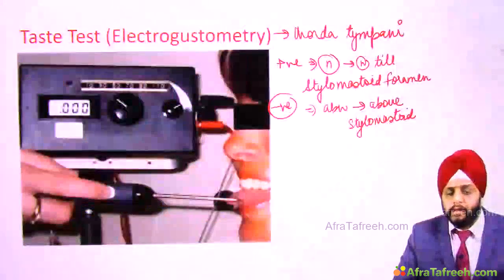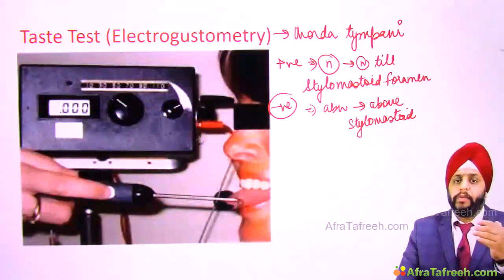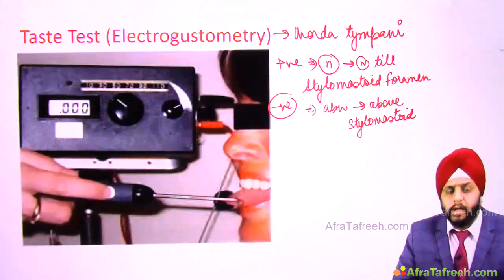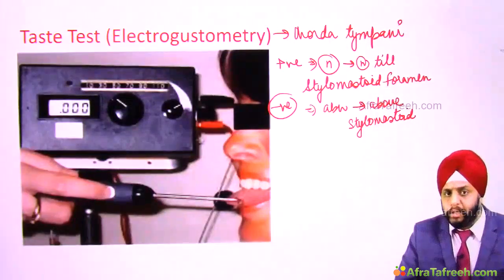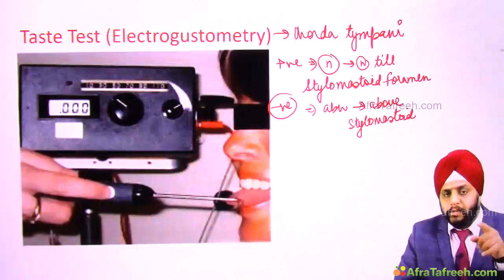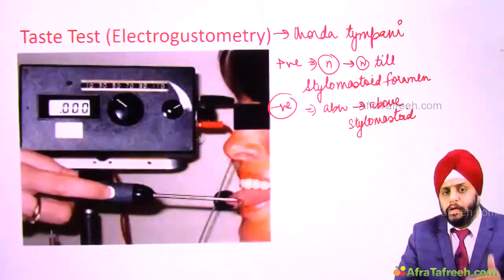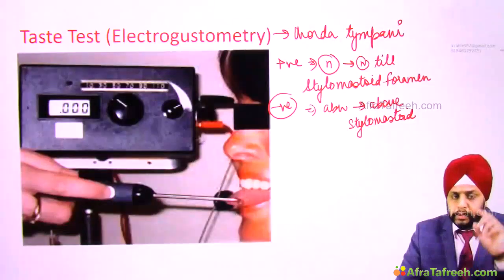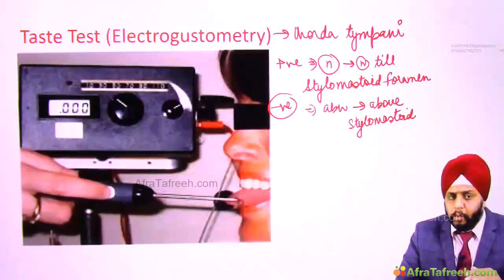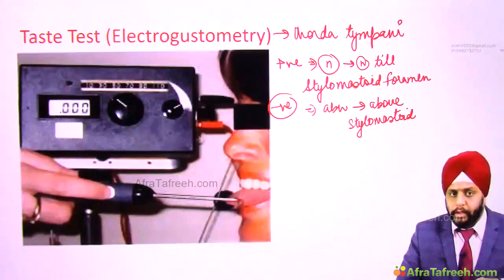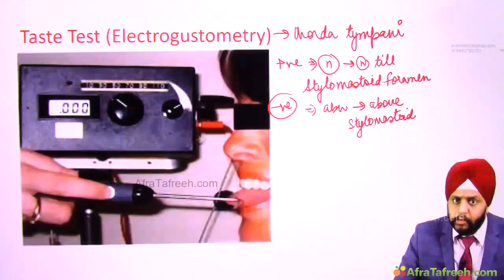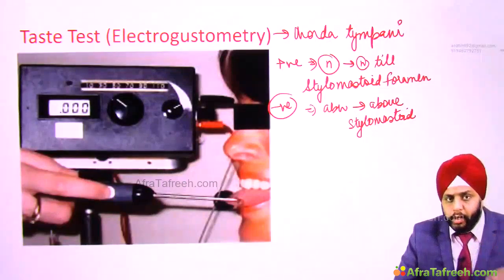Here the nerve is arising just before the stylomastoid foramen. So if there is an injury at the stylomastoid foramen, chorda tympani will not be damaged. If the taste is gone, that means injury to the facial nerve has happened above the stylomastoid foramen, not at. This is an important point. At stylomastoid, taste will not be affected. Above stylomastoid, taste will be affected. So remember, I have not used the word at over here.